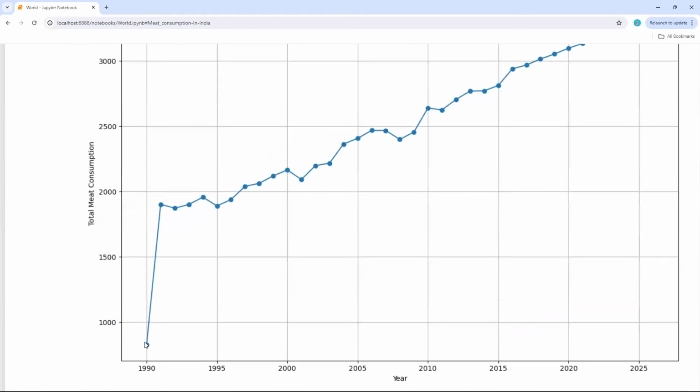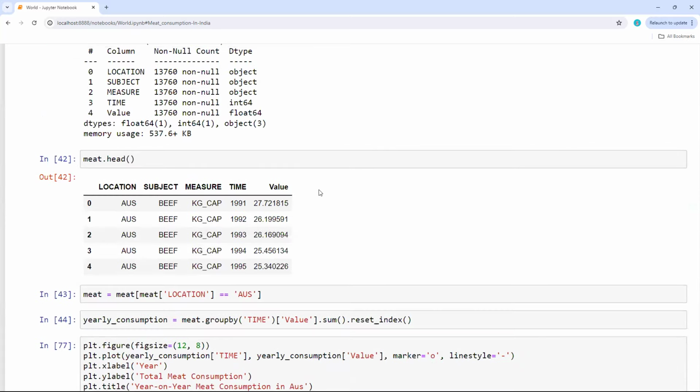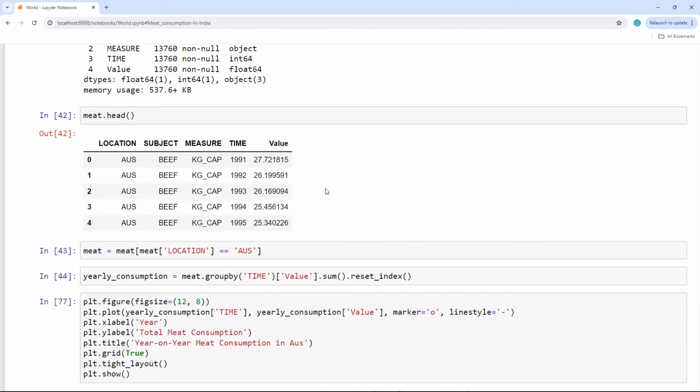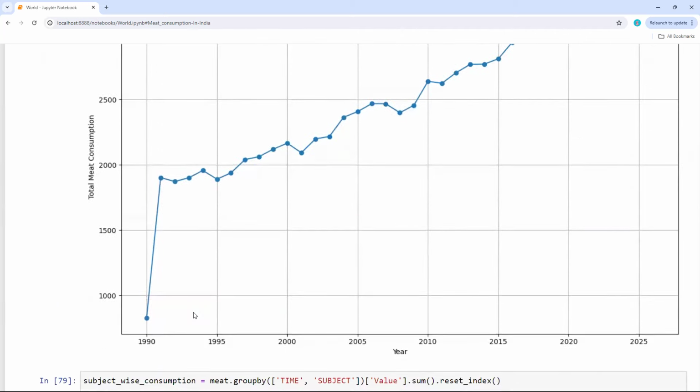For 1990, it's at 500 or 400 in tons, I guess. Then it increased drastically from 1990 to 1993 or something like that, or 91. Then it's an increasing trend only.